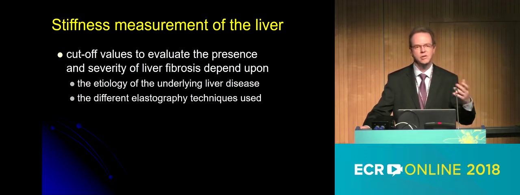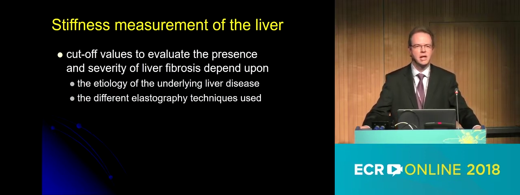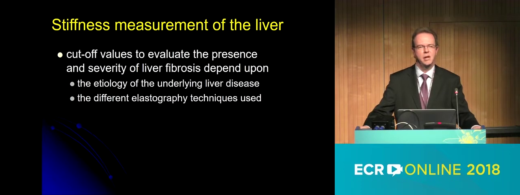And not only the etiology, but also the different elastography technique we used. So it means that for 2D real-time shear wave elastography assessed with the supersonic imaging system, we need to do exactly the same path that transient elastography did in the past.